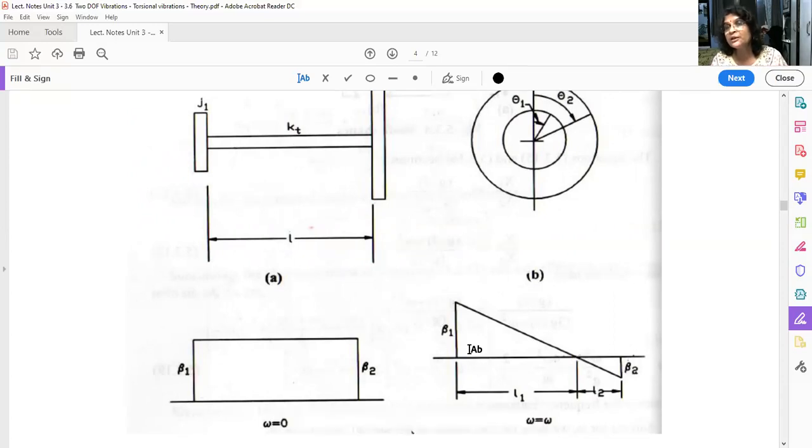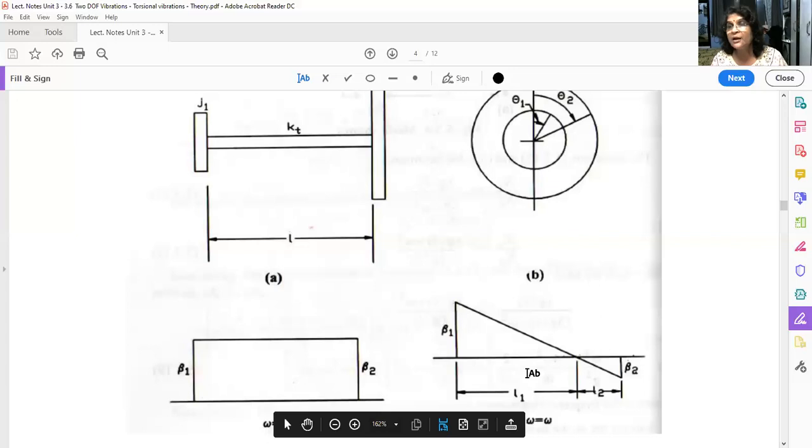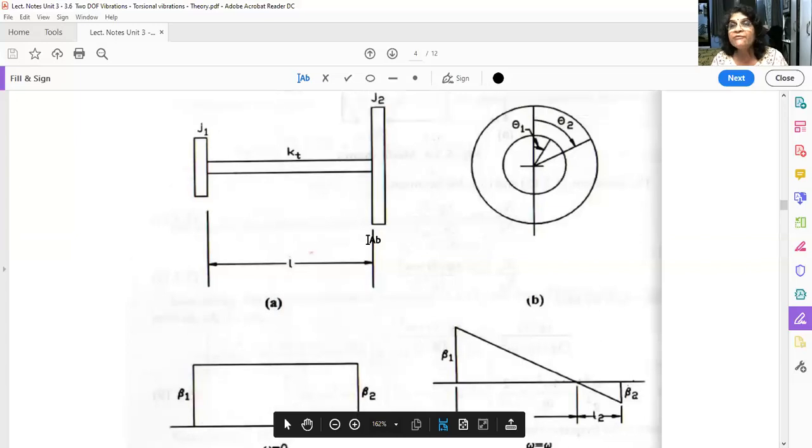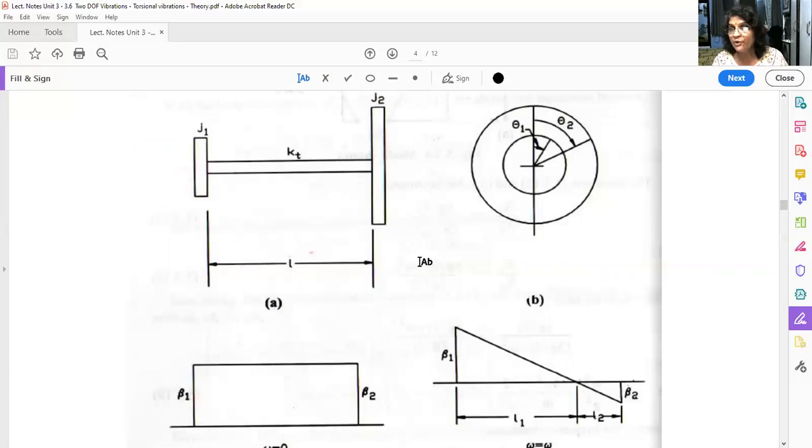The distance of this node point from these two rotors is L1 and L2. One more relation we have to analyze here. What relation did we get? Beta 1 upon beta 2 is equal to minus I2 upon I1.